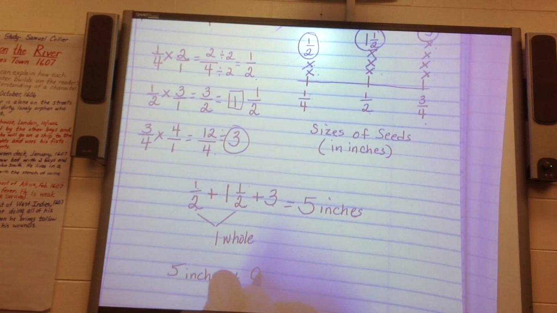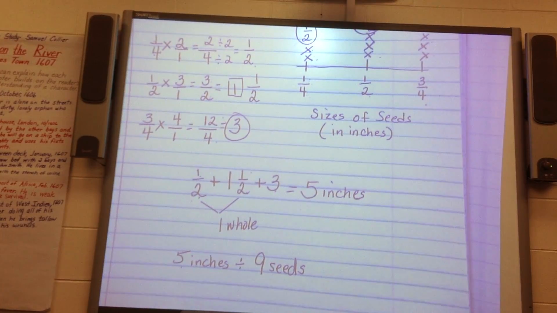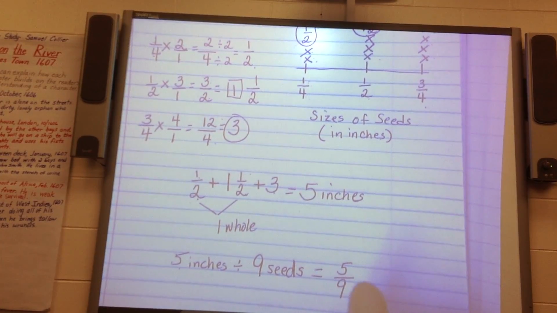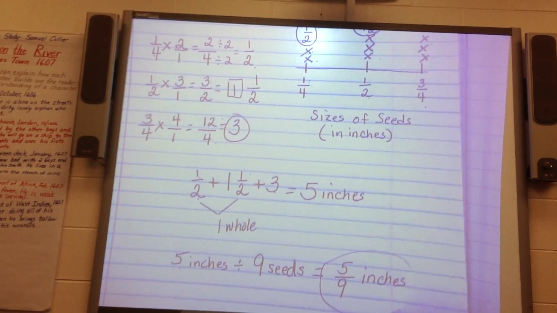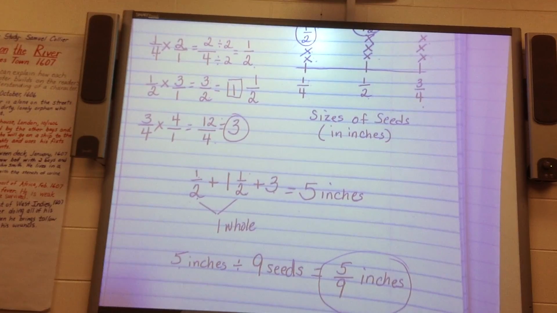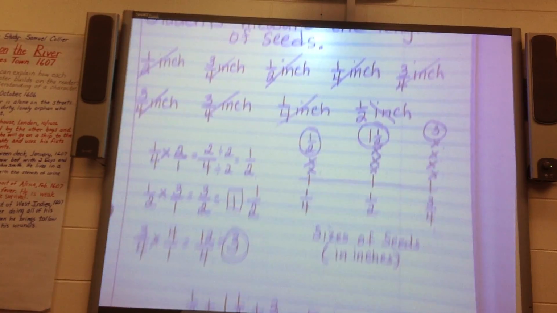We had 9 seeds that we were dividing into our total length. 5 inches divided by 9 seeds is going to give us a fraction of 5/9. That means that the average length of our seed was 5/9 inches.